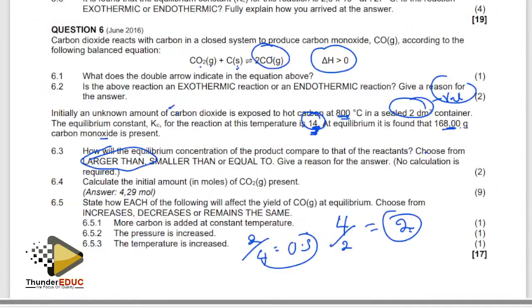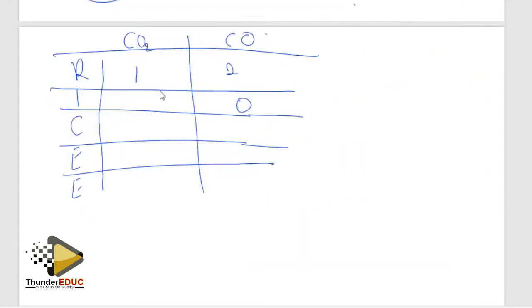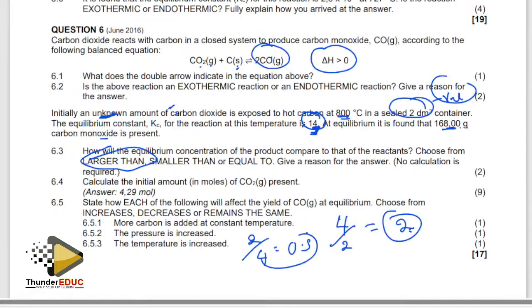What about this? Did they tell us the initial? Unknown. They said an unknown amount of carbon dioxide. So, since it's unknown, let me call it X. I like to use X, or you can use Y, whatever. Now you see, they did hide the initial mole. That's the first instance. So, if it is hidden, then now look at this.